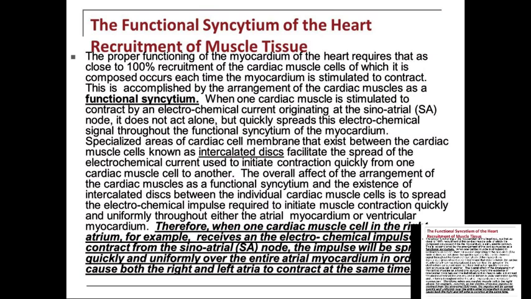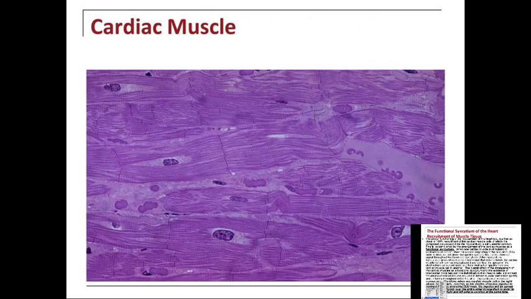But let me just draw something here for you. It may help you understand it a little bit. So, if here's the heart, and let me change the color here to red. Now let's say right up here is the pacemaker, and that's called the SA node. And it's going to send a conduction to all cells of the right and left atrium, just like that.